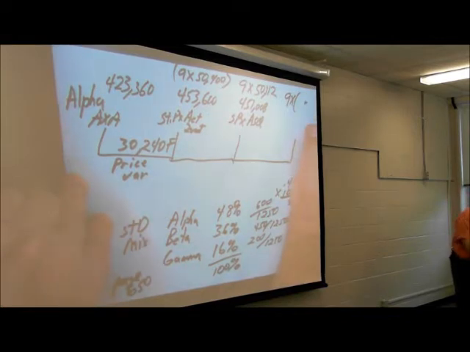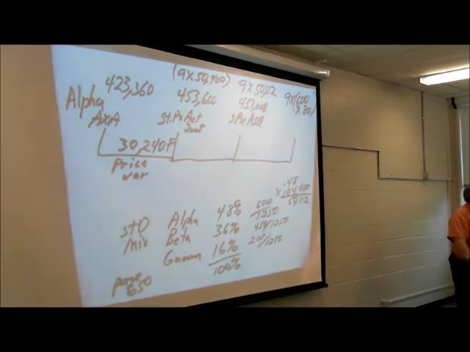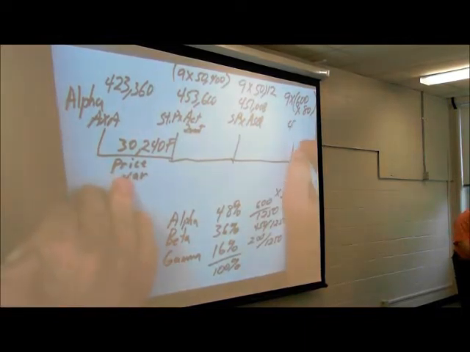What was our budgeted quantity? 600 liters times 80. We made 80,000 liters, right? For every 1,000 liters, we should have used 600 of alpha. And so what are we coming up with there? 432,000.